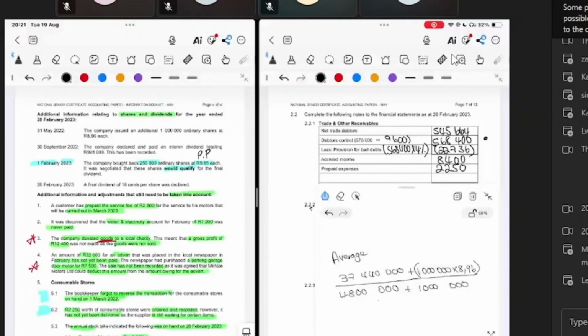Okay, I am getting the average price of 8 rand. So this is what we do. We get 8 rand per share.